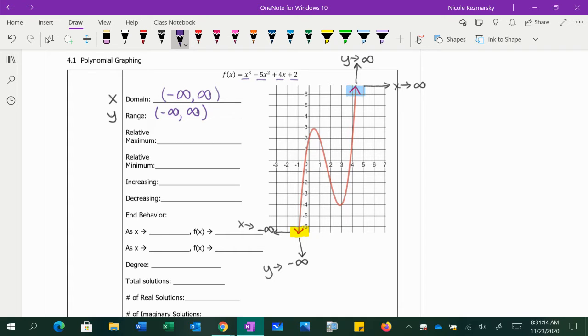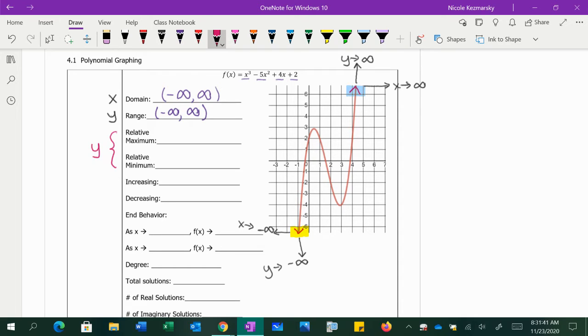Okay. The other feature that polynomial graphs may have are relative maximum and relative minimum. Relative maxes and relative minimums are y values, where the graph has a turning point, where it goes from uphill to downhill, or downhill to uphill, where it has a peak or a valley.